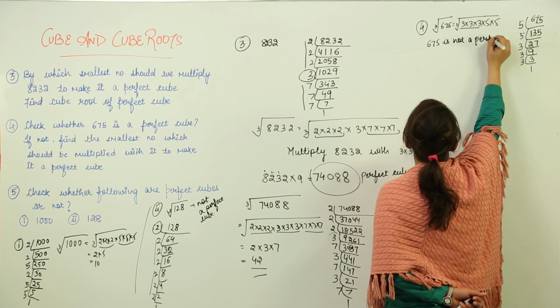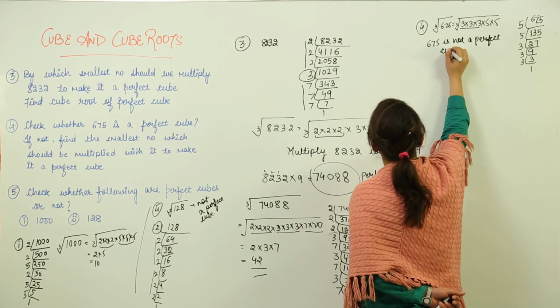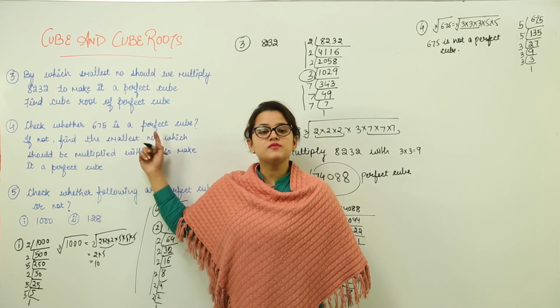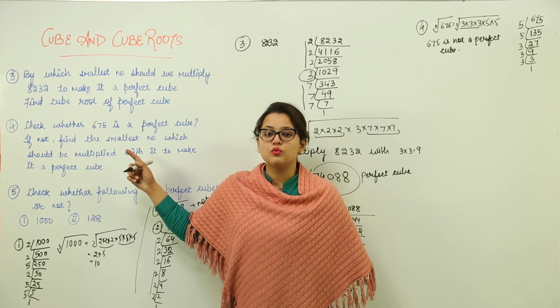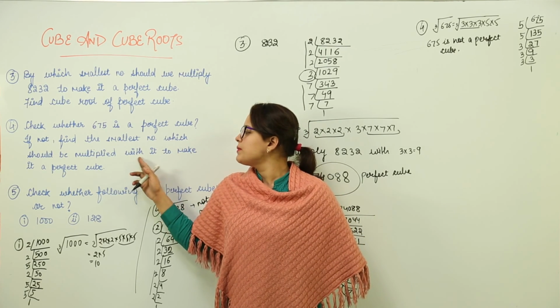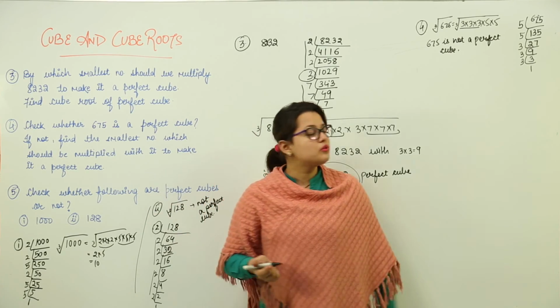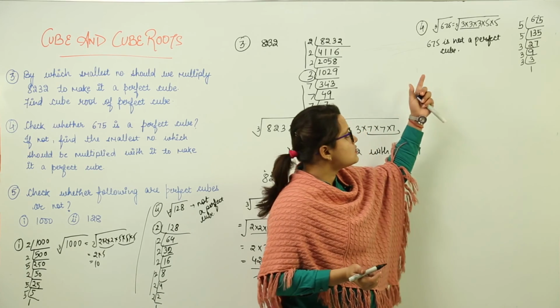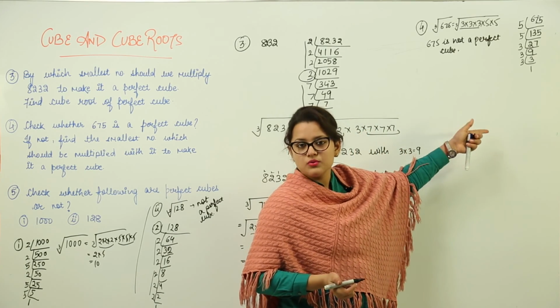Now let us move on to the next part of the question. The next part says, if not, that means if 675 is not a perfect cube, what should we do? We must find the smallest number which should be multiplied with it to make it a perfect cube. That means we again have to do the factorization. Now as we have already done, we can reuse it again.